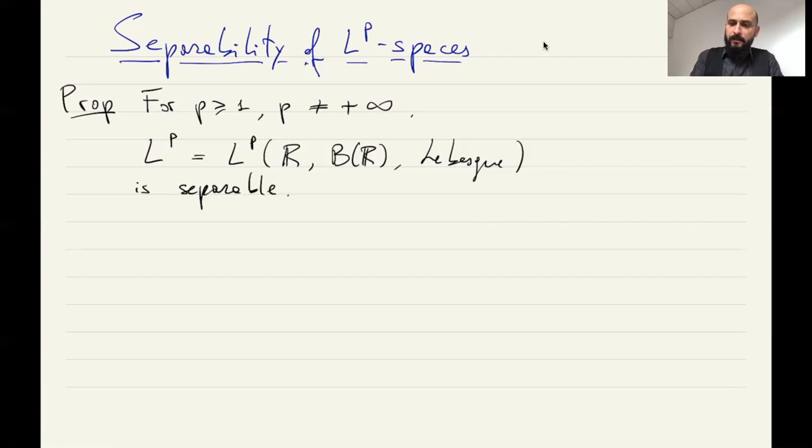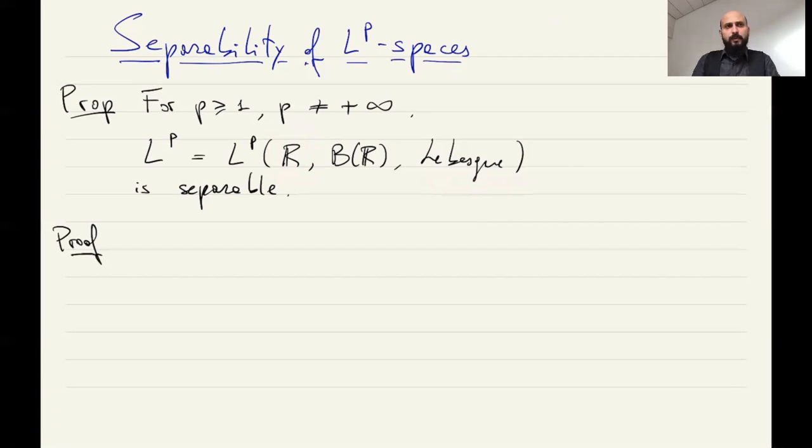Actually, this result extends to every subset of R^n with the n-dimensional Lebesgue measure. But let's only prove it for dimension 1. The proof is actually the same. So proof.